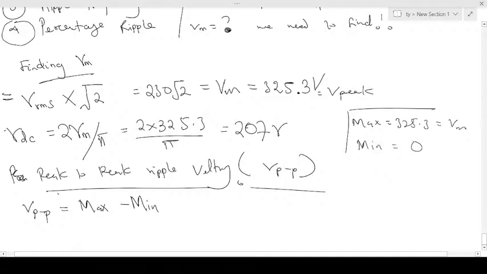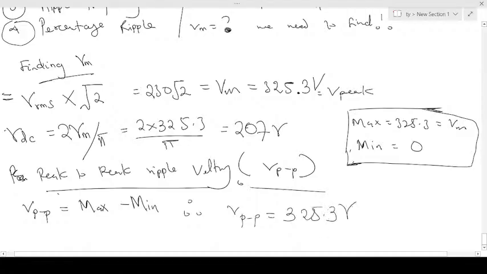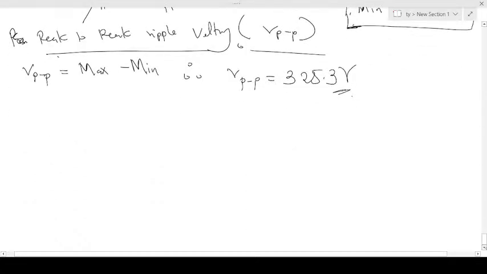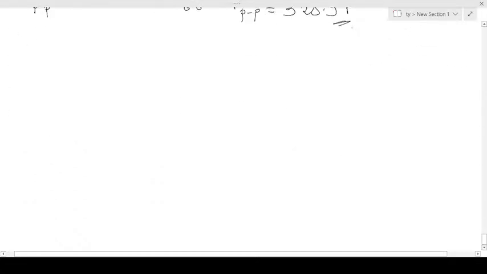So that leaves our peak to peak ripple voltage being 325.3 minus 0, which is equal to 325.3.